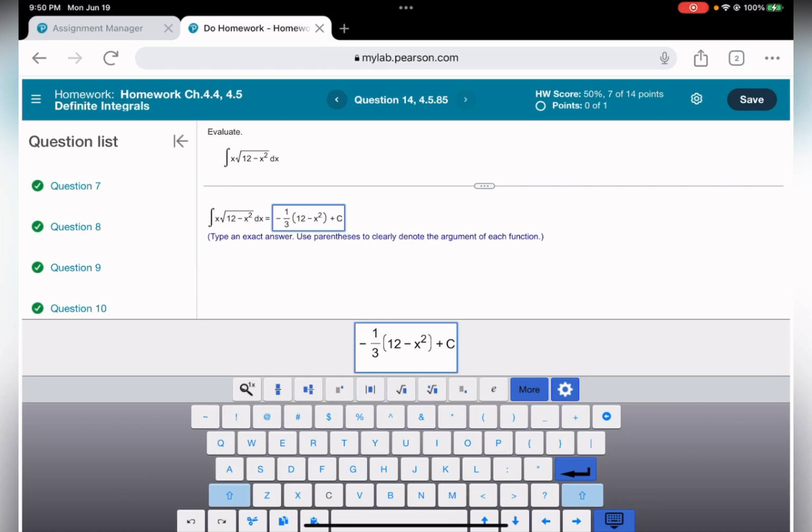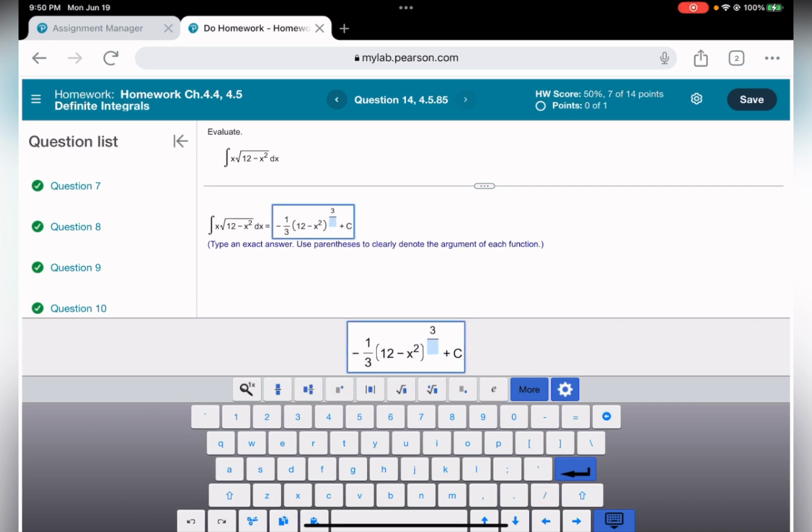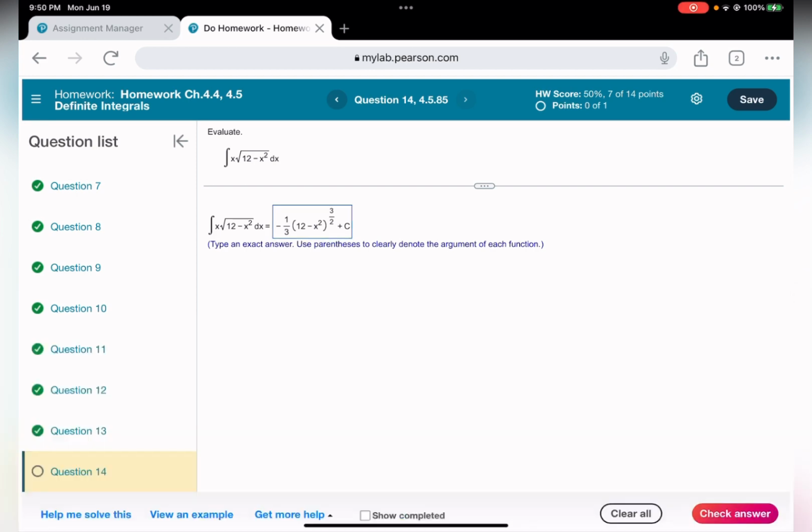Oh, here it has to be 3/2. Now we are done.